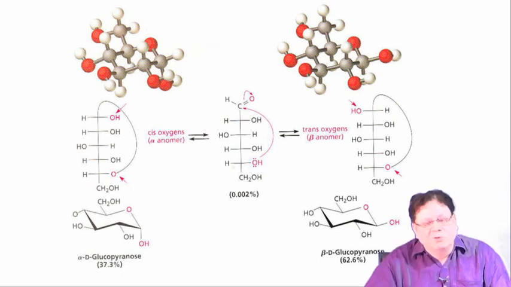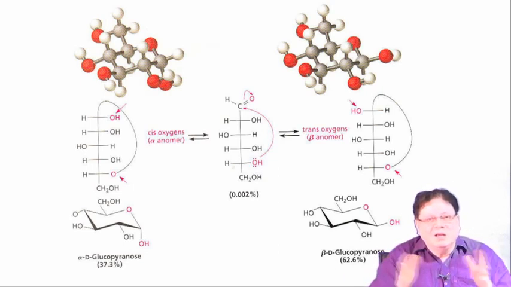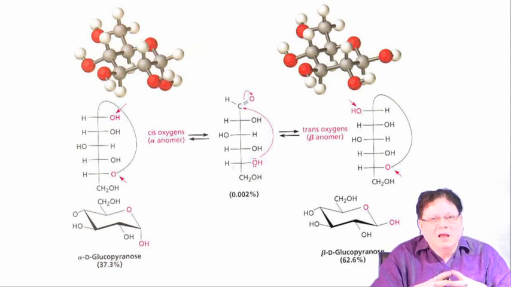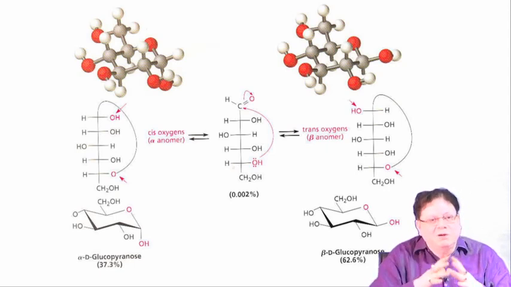There are two forms of glucose which are shown here, and if you take glucose and subject it to an amphoteric pH, then what happens? There will be what is called a mutarotation. Amphoteric pH means that acid and base both are present.